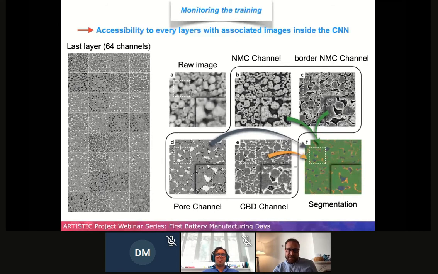You can see that here you have the raw image. You have a channel for the pore, for CBD, and also you can go to a specific feature like a border of CNC, and you finally have the result with the segmentation. This is another good aspect of SegmentPy.